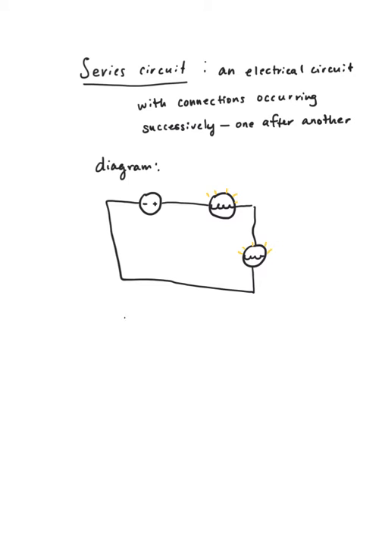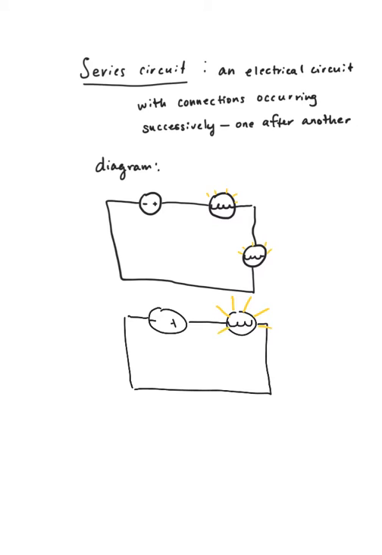In a series circuit where we only had one light bulb, that single light bulb illuminated much more brightly. Adding light bulbs in series reduces brightness and it reduces the current flowing through the entire system.